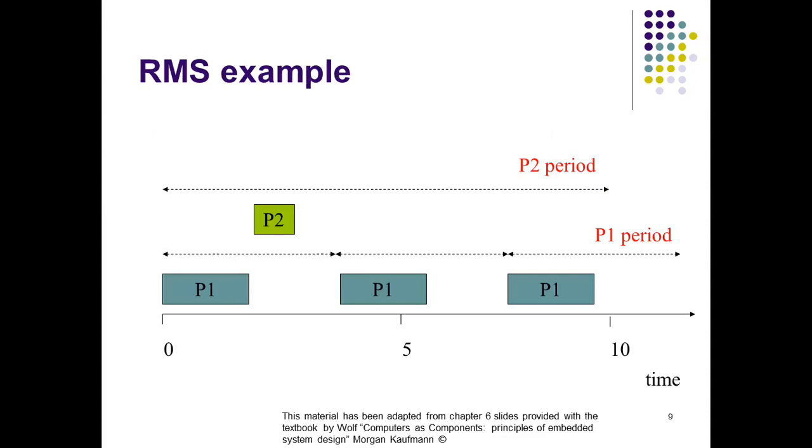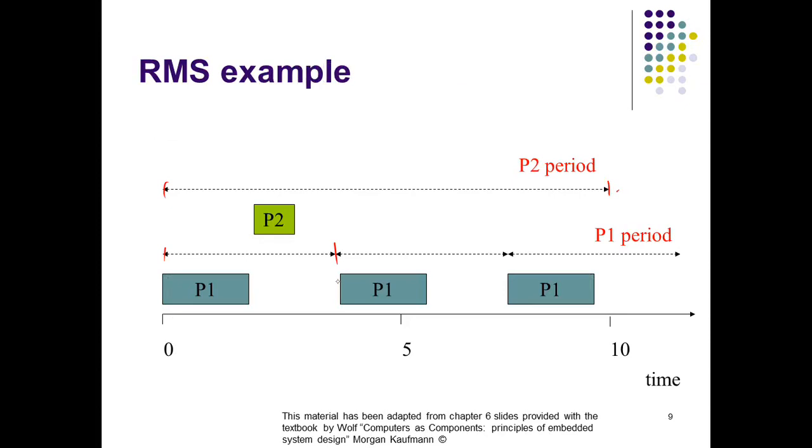Okay, so how does this work? I have a simple example here. P2 has this period, P1 has this period. So which one is my high priority process? P1.